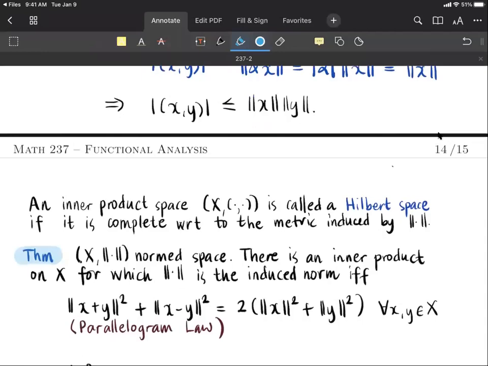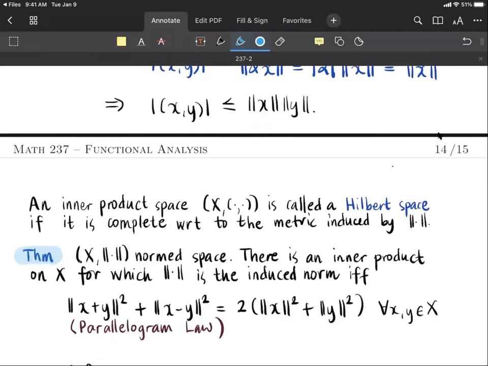So this is the content of this theorem. Consider a normed space X. Then there is an inner product on X for which this norm is the induced norm, if and only if the sum of the squares of the sum and difference of two vectors is equal to twice the sum of the norm squares.